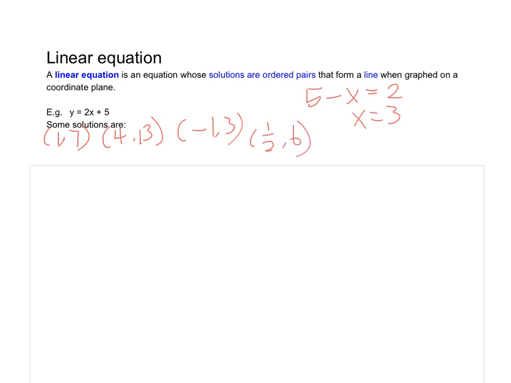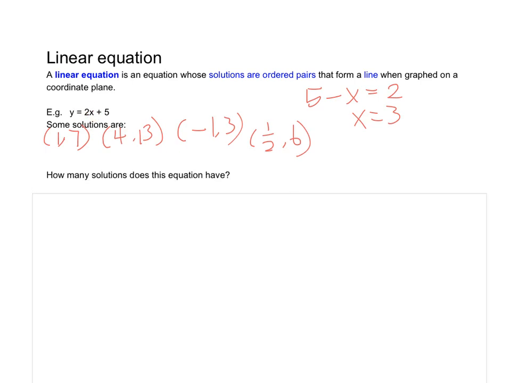So you see there can be many solutions. In fact, there will be infinitely many solutions. You can plug in any x and get the y. Sometimes I know the y, and I can use that to evaluate the x back.